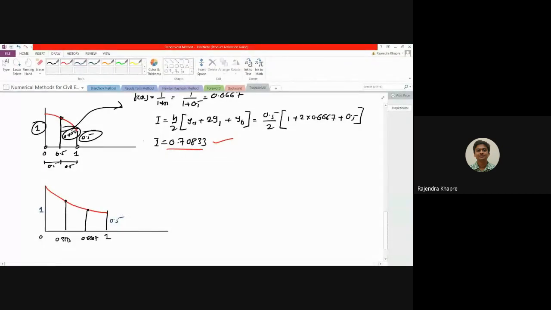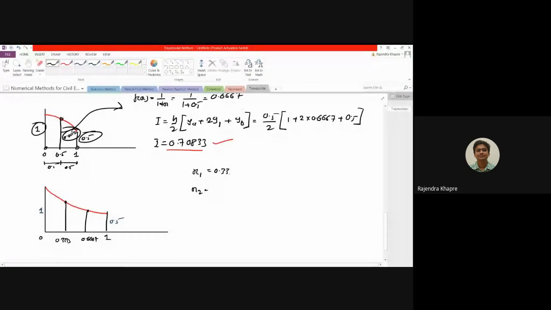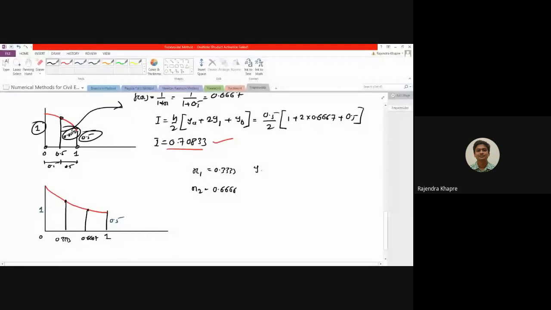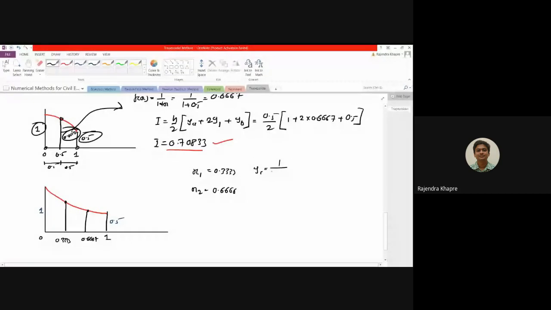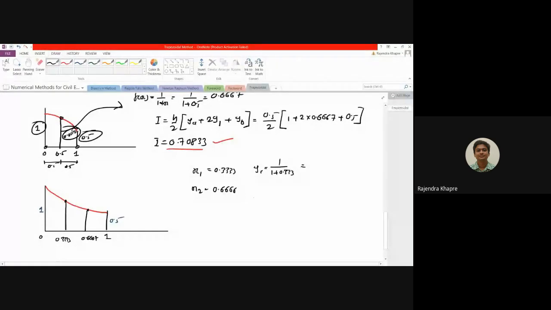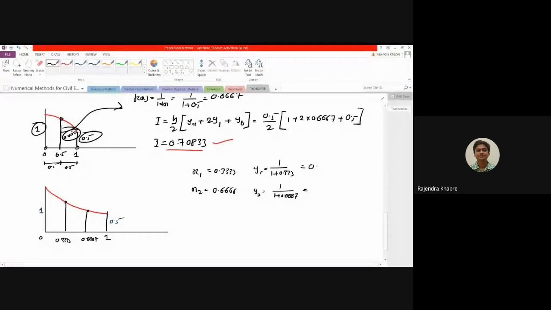So I'll be using a simple table now. Your x1 is 0.3333 and x2 is 0.6666. So your y1 is nothing but 1 upon 1 plus 0.3333. Give me the values please. 0.750.